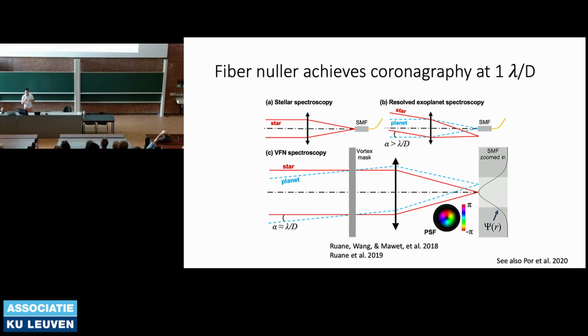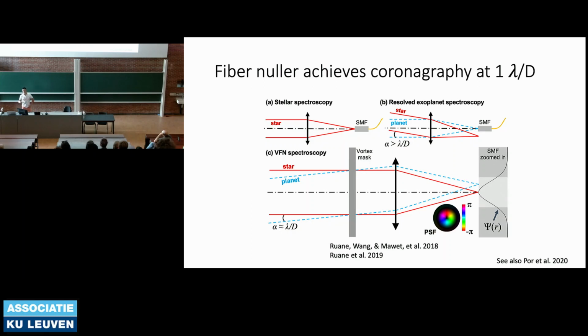In this case, it's using a vortex wave plate. What it does is that it will modulate the phase of the photons azimuthally, meaning that going around the position angle from 0 to 360, the phase is also changing by 2π. So this is what the rainbow color means here.